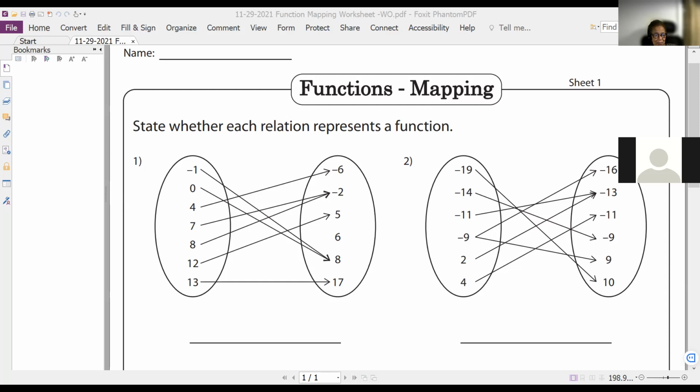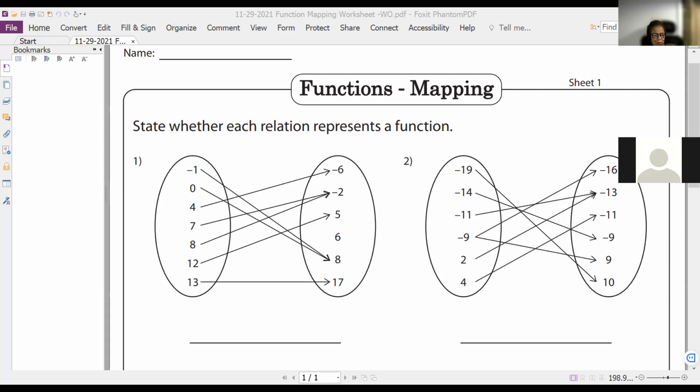Every element in A must map, not match, must map, M-A-P, to something in B. In other words, every element in A must have an image in B. Is that true for this first one? Must have an image.